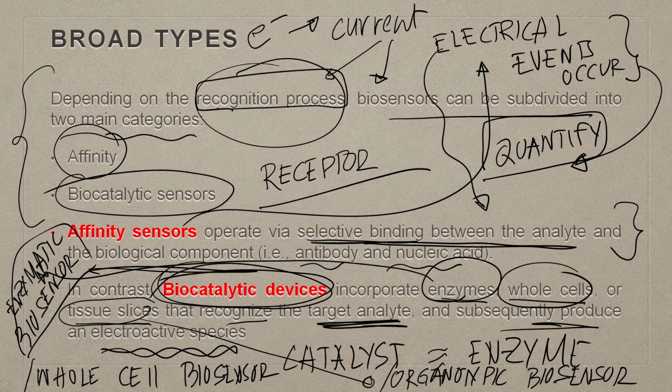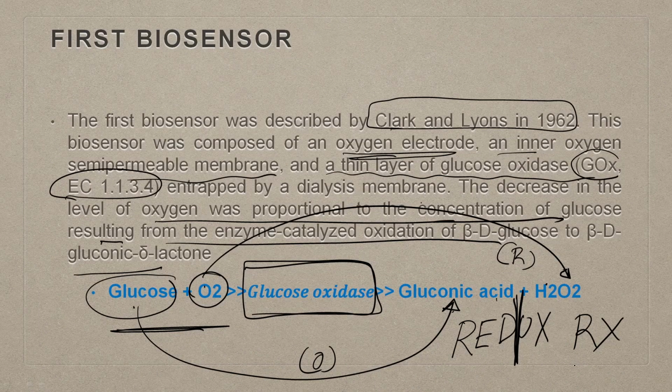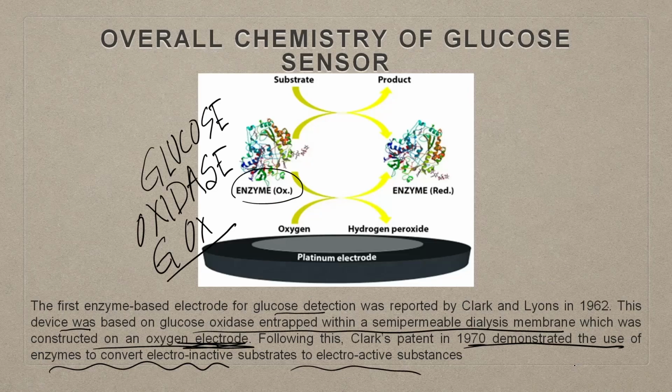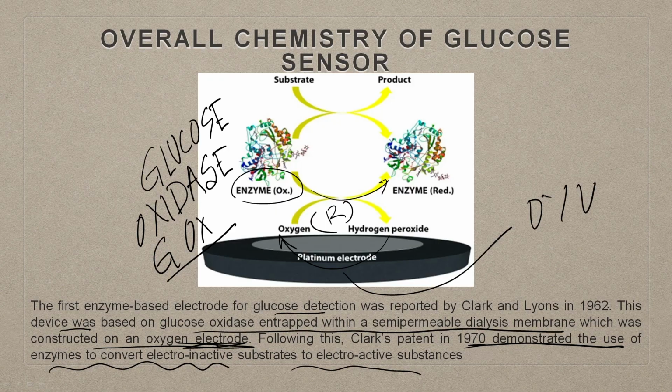Then we talked about the two broad types: affinity sensors using antibody-like molecules, nucleic acids, nanobodies, and the biocatalytic devices. Thereafter, we moved to the first biosensor of Clark and Lyon in 1962 using glucose oxidase. Then we talked about the basic chemistry of glucose oxidase, where it's an enzymatic biosensor where oxygen is getting reduced to hydrogen peroxide, but then hydrogen peroxide, by an applied voltage of 0.7 volt, is converted into oxygen.